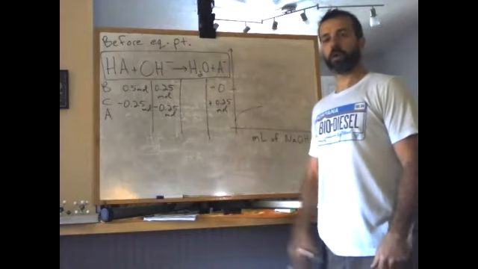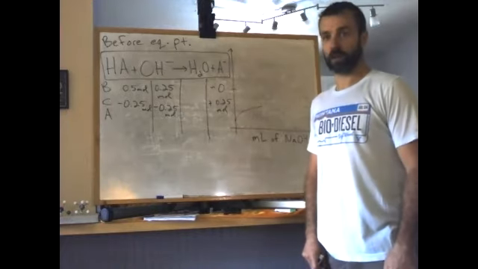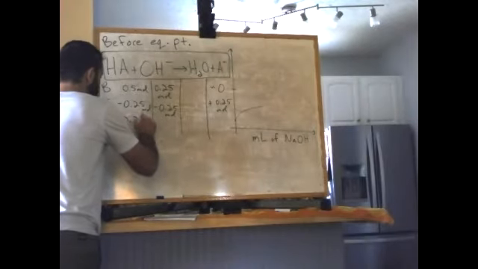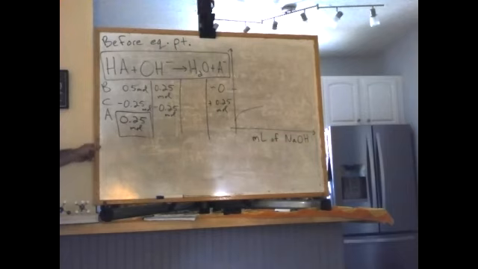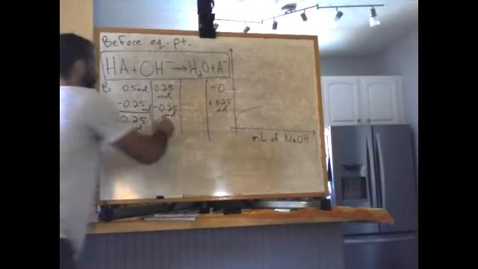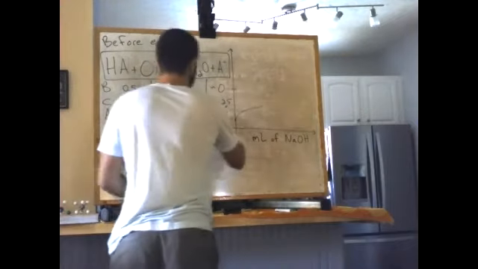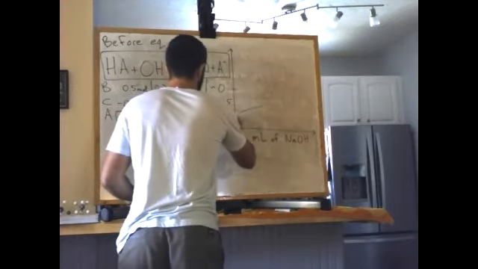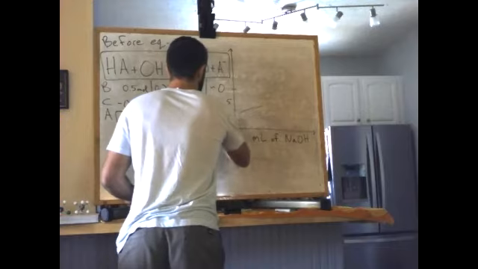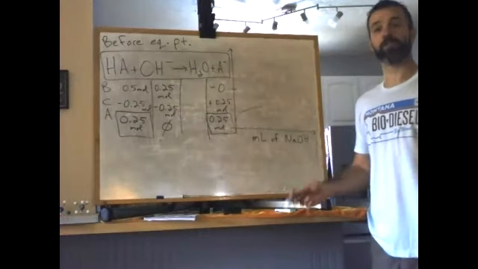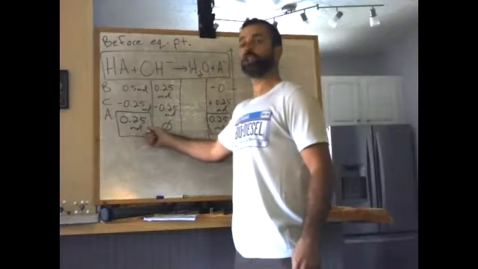So before the equivalence point, what are we left with? We have some HA left over. And in this case, we have a quarter of a mole of HA left. We don't have any of our NaOH. It was the limiting reactant. It all reacted. And we have produced a quarter of a mole of A minus. So notice, before the equivalence point, we're going to be left with HA.